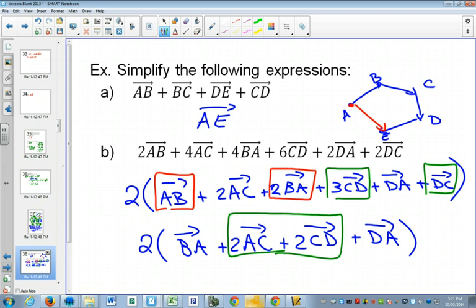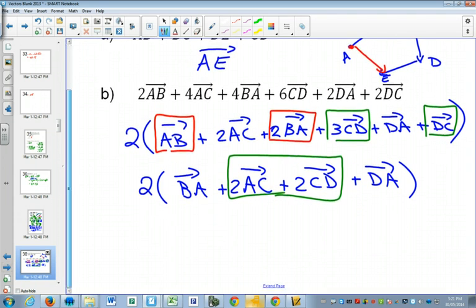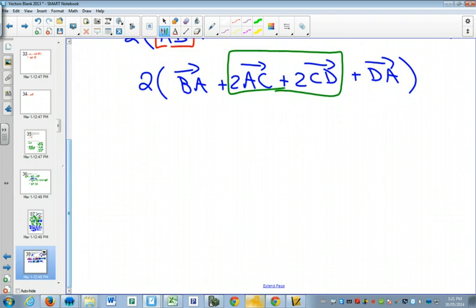Because AC and CD is the same as going from A to D. So 2 ACs plus 2 CDs. So you don't need the letter in between. The C is in common. So you're going from A to C, and then from C to D. That's going from A to D.